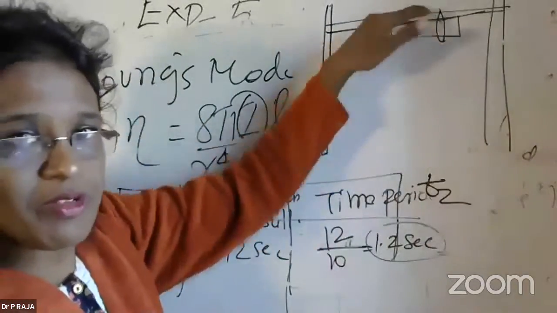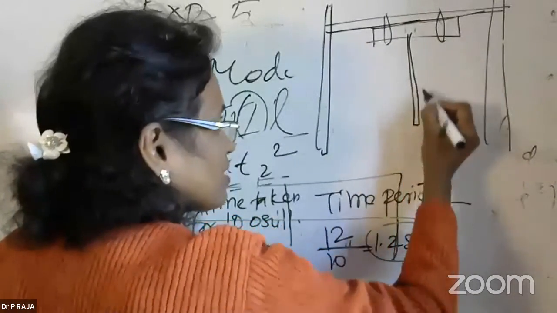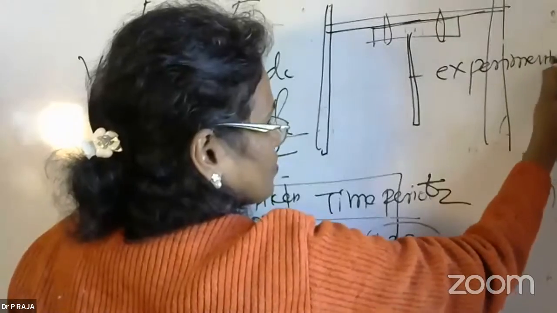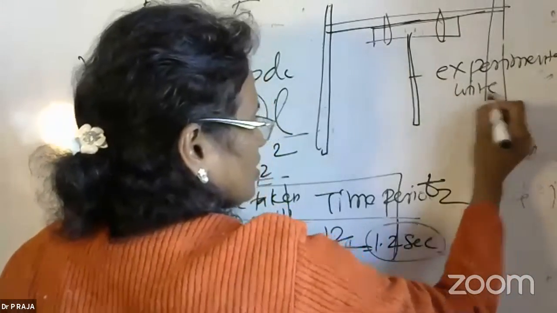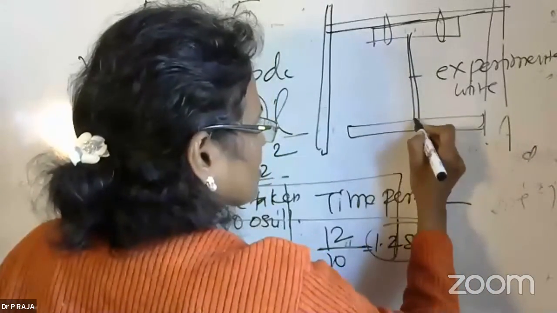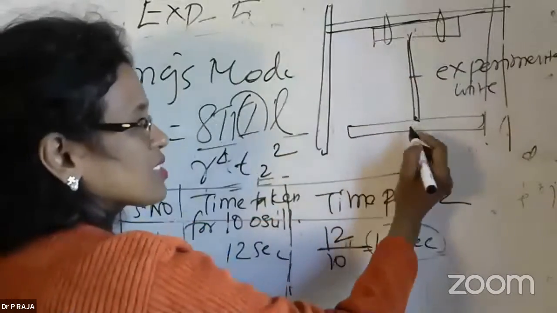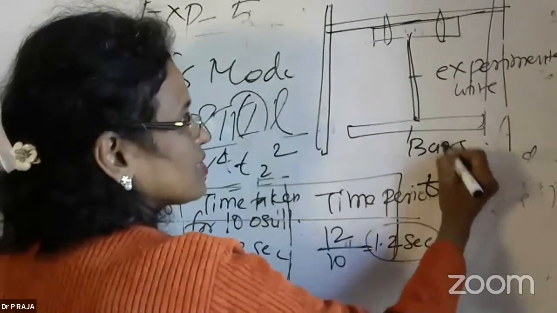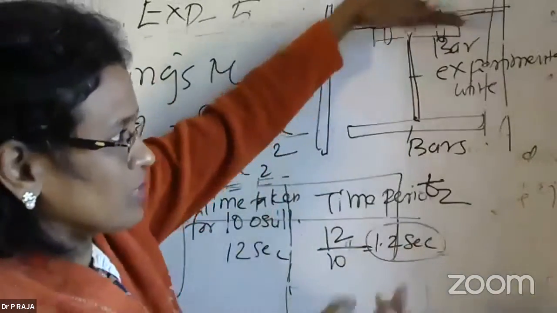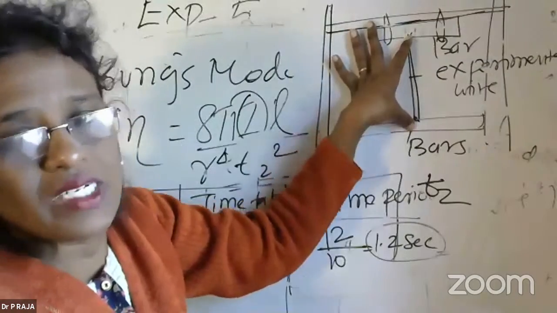One bar itself will be fixed on the top, and the experimental wire will be kept here. This will be the experimental wire. Another bar will be kept over here, and you will fix it here with the hook arrangement. These are two bars, fixed in a horizontal position like this, and the wire is held in a vertical position.